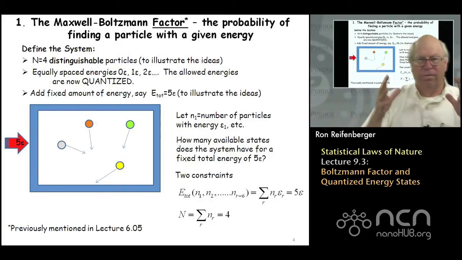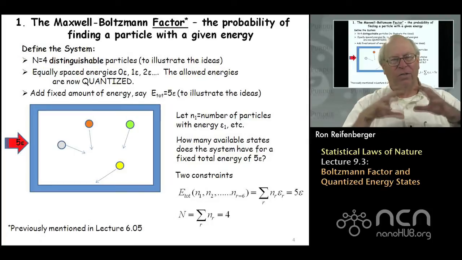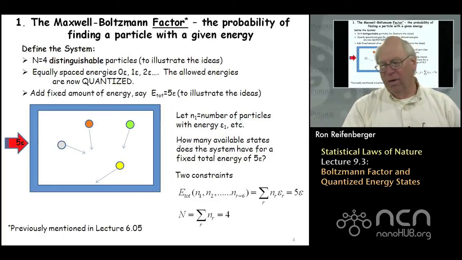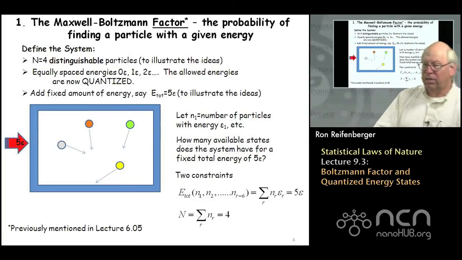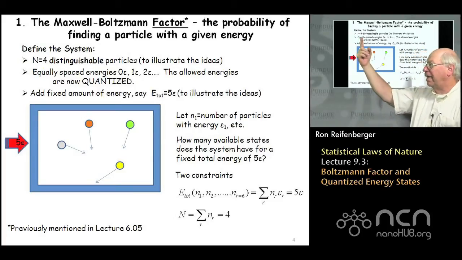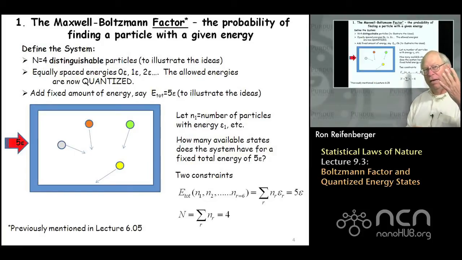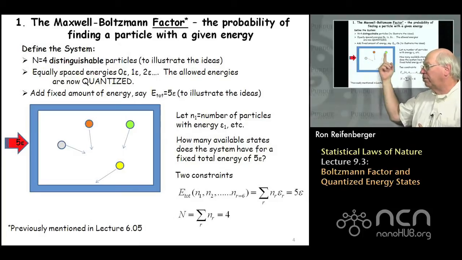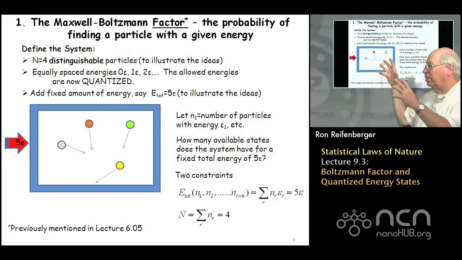To constrain the discussion to a system that's manageable, I'd like to define the system that we're going to discuss. The system is going to contain just 4 distinguishable particles. Distinguishable means that we can label each particle by a different color in principle, so we can keep track of where they're going when we confine them into this small region of space.